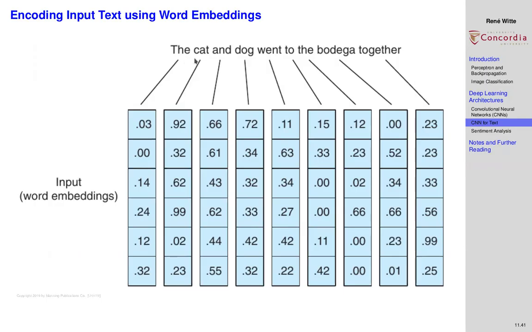Last time we learned how we can represent each word as a vector. Here it's just shown as 6-dimensional vectors, but remember, the typical word embeddings have a few hundred dimensions. So each word becomes one vector. First we encode our input text in form of embeddings, in form of word vectors.